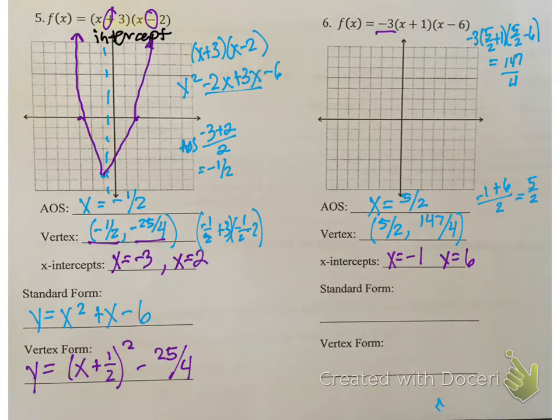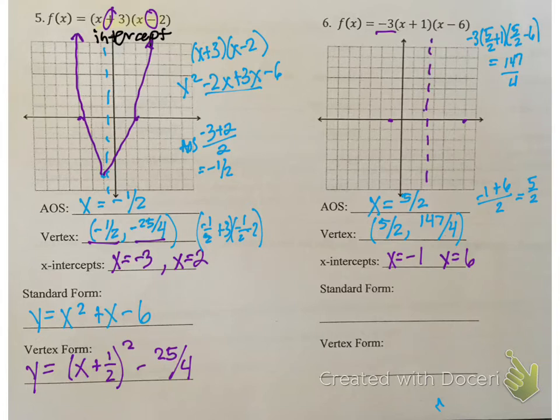Then if I were to graph this, I'm just going to plot my x-intercepts at negative 1 and a positive 6. And I know that my axis of symmetry is going to be at about 2.5, so like right here.